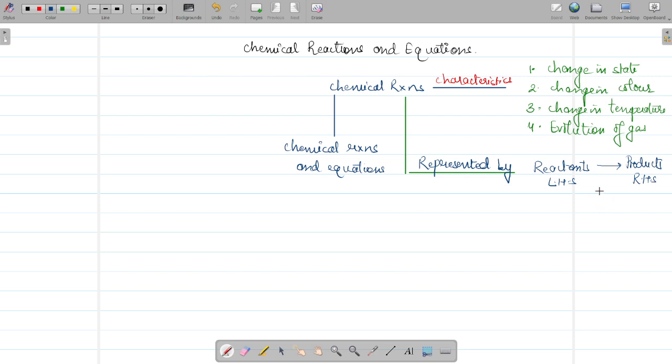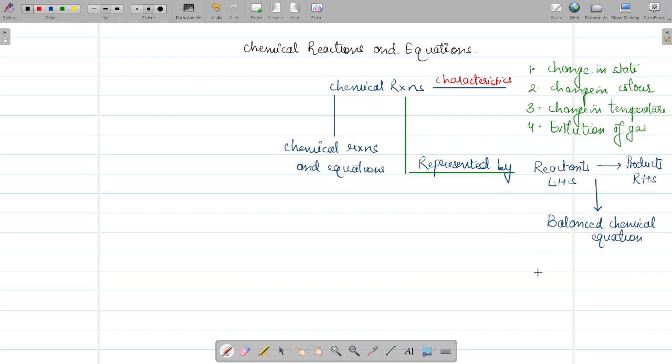Now, these chemical reactions can be of further different types. The most important and useful to us is the balanced chemical equation. Now, what do you mean by the balanced chemical equation?